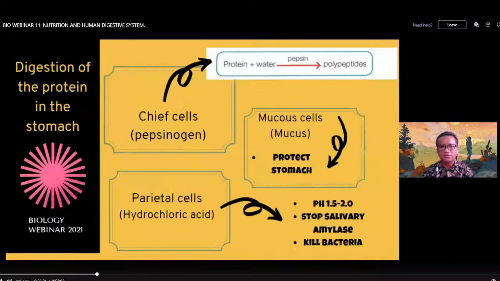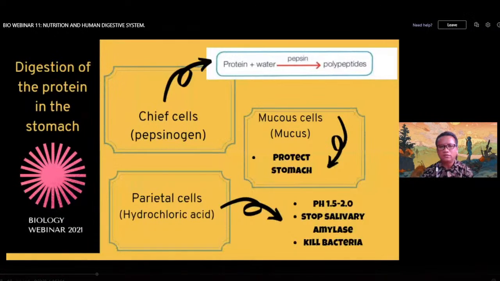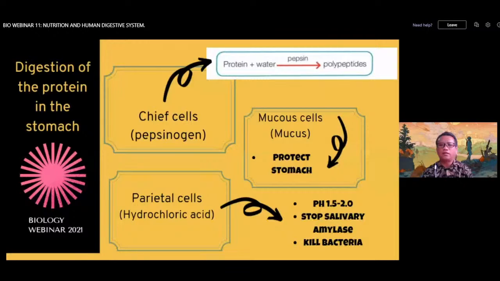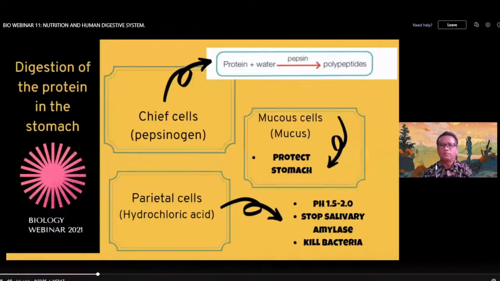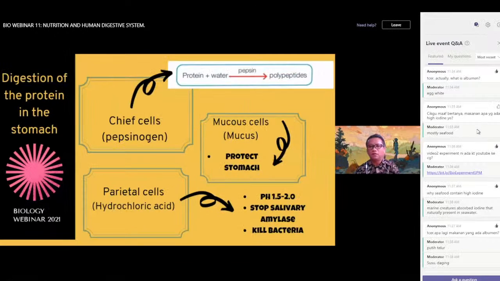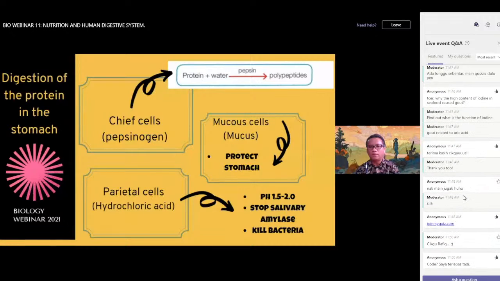The chief cell will secrete pepsinogen, which, according to the name as well, the substrate will be protein and the enzyme will be pepsin, and that will turn the complex protein into simpler, but not simplest, just simpler, which is polypeptide.